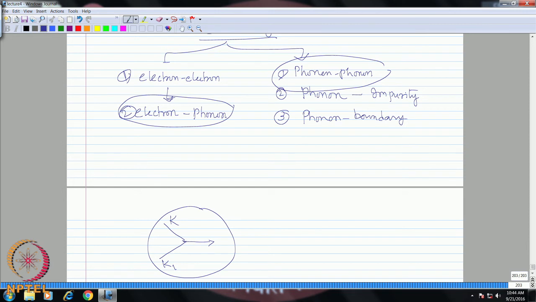These two come and collide, and these are virtual particles. So, after collision it is equivalent to the formation of another phonon with a wave vector k prime.